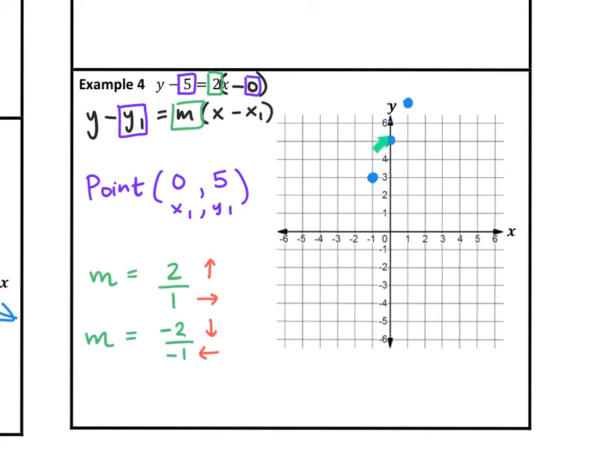Or if going from the starting point, I can go up 2 and to the right 1. But these points are still on the same line. Notice that. And I keep that going, and then I can connect it with a ruler.